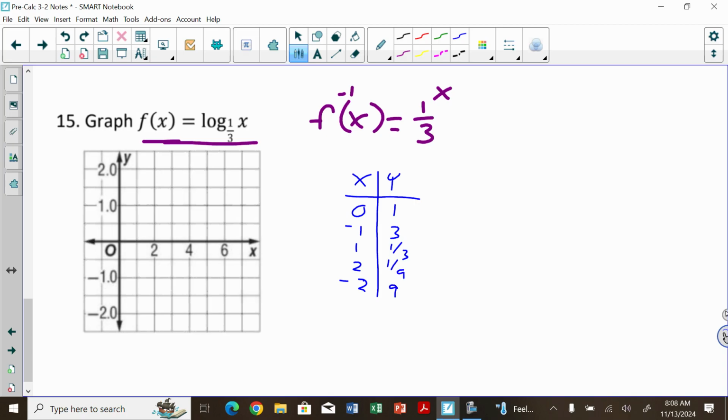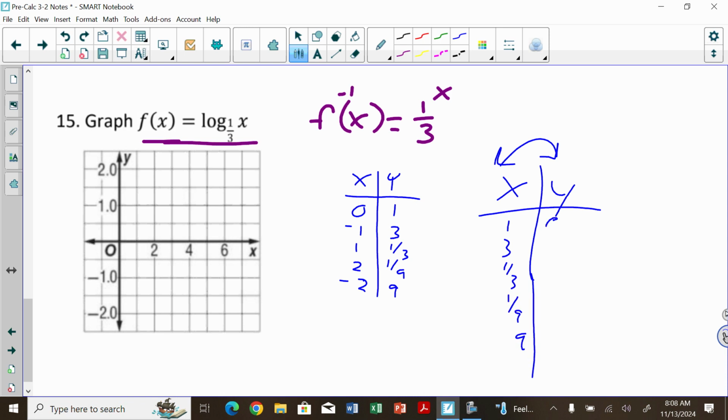Okay, and now if I swap the x and y's, right? If I switch these around, I just put these here, and my y's become my x's, or my x's become my y's. And now I can graph here what it would look like. So 1 and 0, 3 and -1.